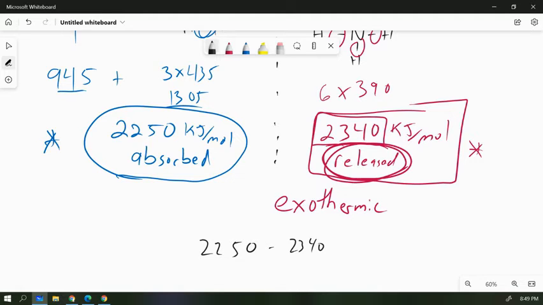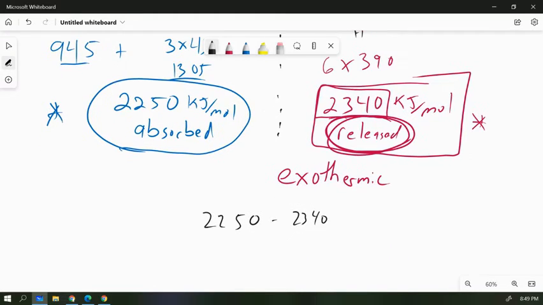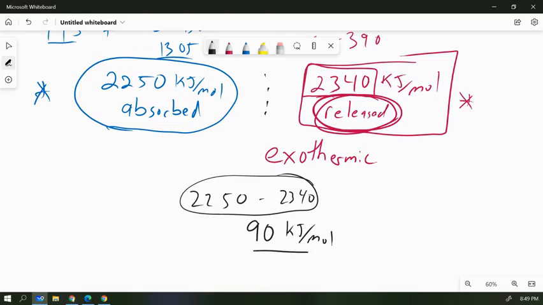It doesn't really matter. When we punch that in, I'm not a big fan of this calculator, we get 90. The net difference is 90 kilojoules per mole. All I did was subtract the difference between energy absorbed and released.